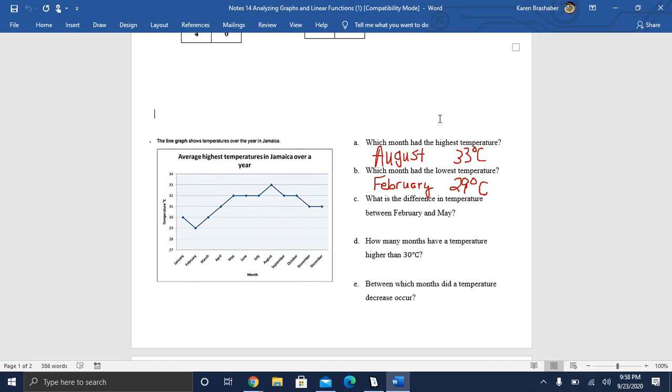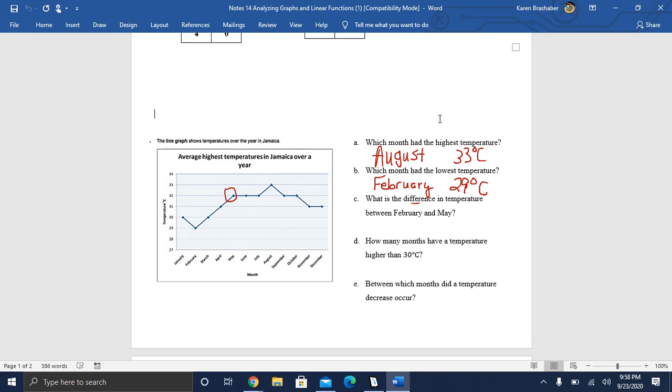Okay, now we can move on to part C. What is the difference in temperature between February and May? So difference means that we're going to be doing a subtraction. So we want to find May's temperature.